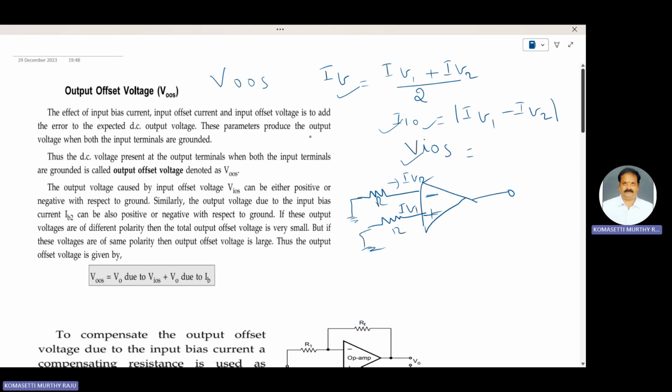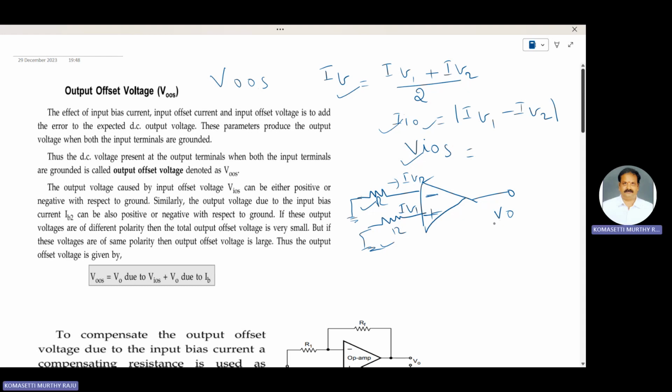These parameters produce an output voltage when both the input terminals are grounded. The inverting terminal as well as the non-inverting terminal of the op-amp are grounded. Therefore, due to these parameters, input bias current and input offset voltage, some output voltage V0 is produced, V0 not equal to 0.